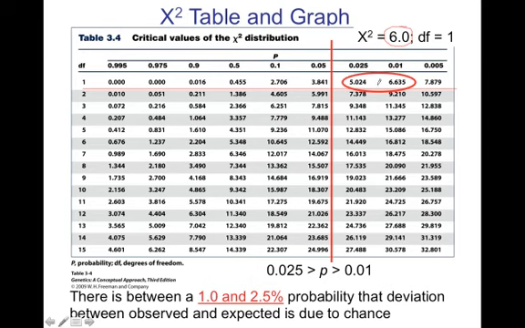And we can see it falls right in between here. And so what we'll say is there is between a 1 and 2.5% probability that the deviation between our observed and expected is due to chance. So it's a very small probability that what we're seeing is due to chance alone, between 1 and 2.5%.